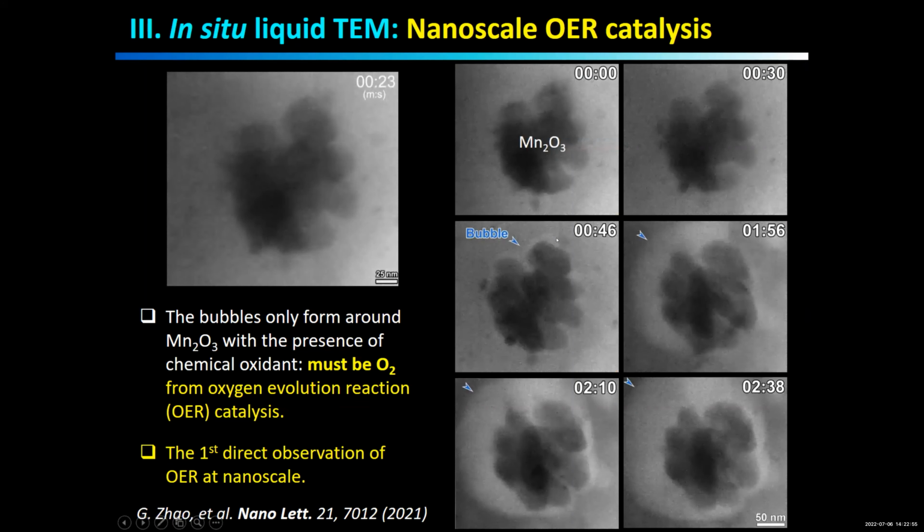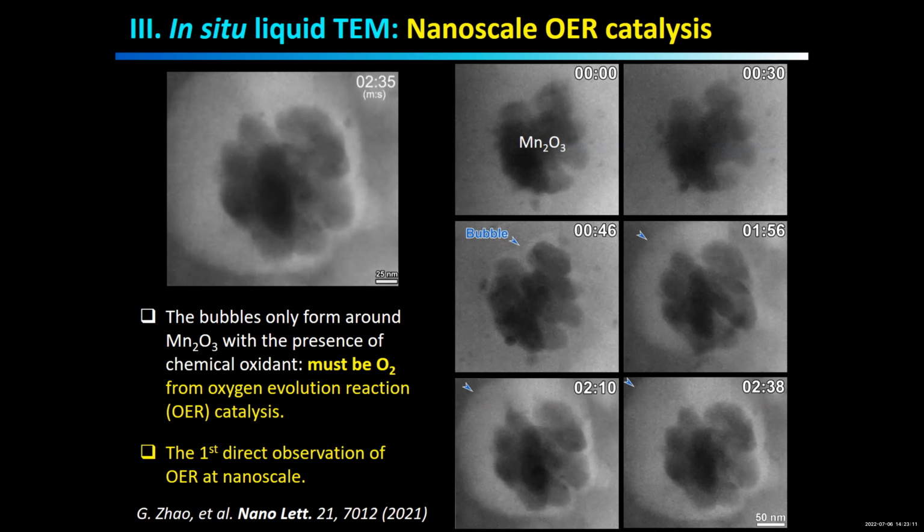And so here we can clearly see the growth of this nanobubble around the catalysts. As these bubbles can only develop around the catalysts in the presence of the chemical oxidant, they must be the oxygen bubbles from the oxygen evolution reaction. So to our best knowledge, that is the first direct observation of the OER process at the nanoscale.